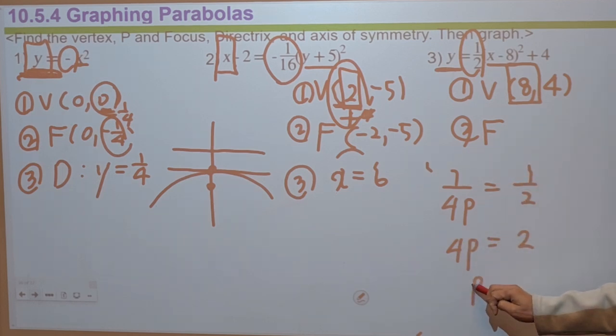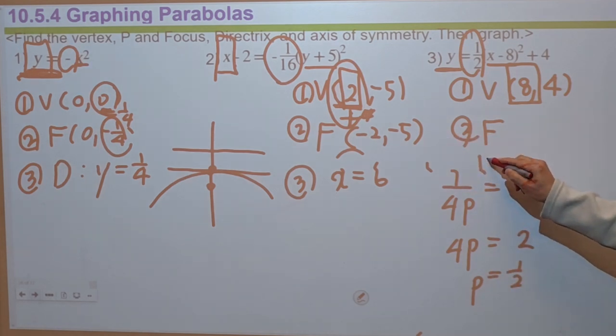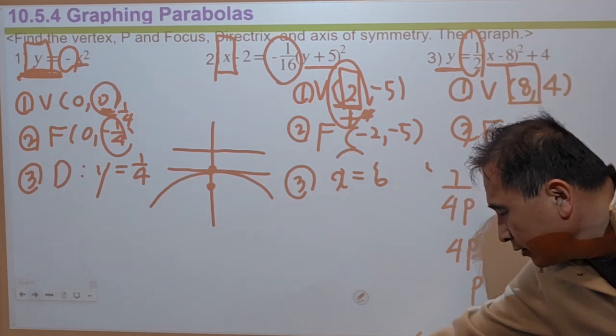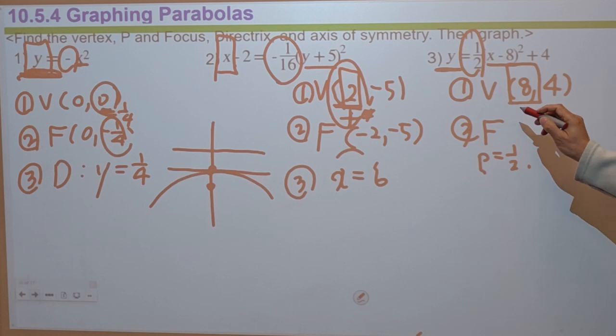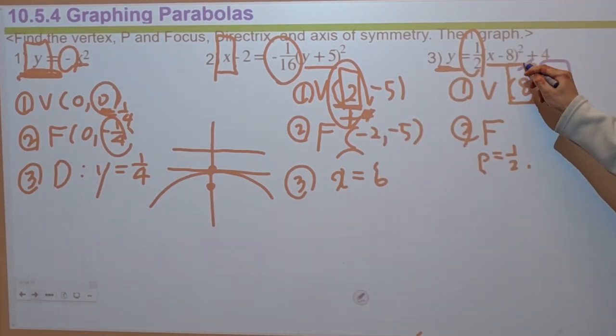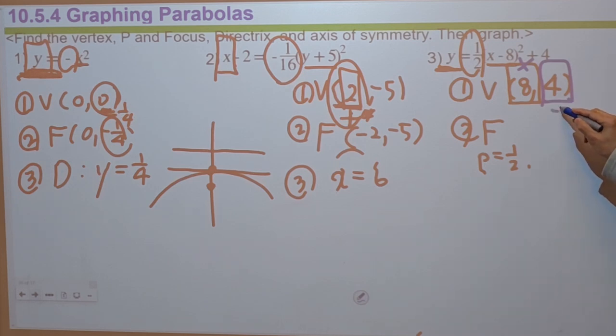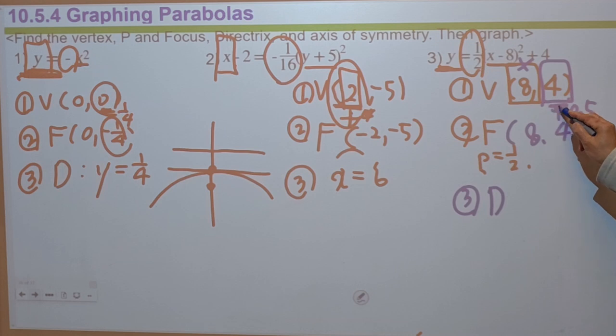So p equals 2 over 4, which is 1/2. Then for the focus, which value do you add it to? Oh no, this is y, so we need to box y, not x. So we add 0.5 here. So the focus is (8, 4.5). And for the directrix you subtract here, so the y value, y equals 3.5.